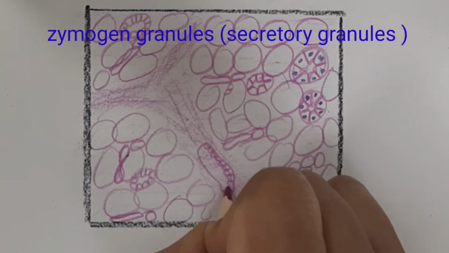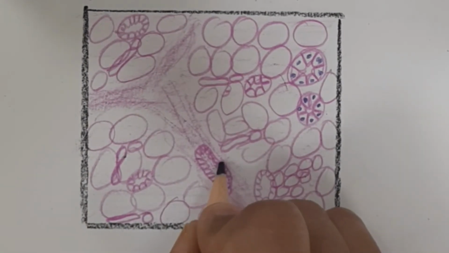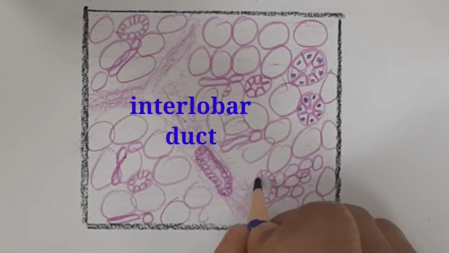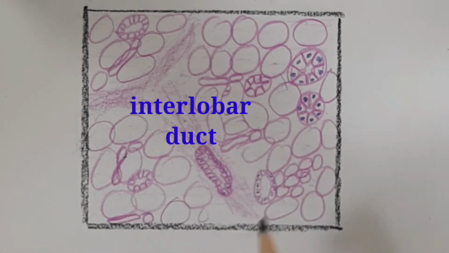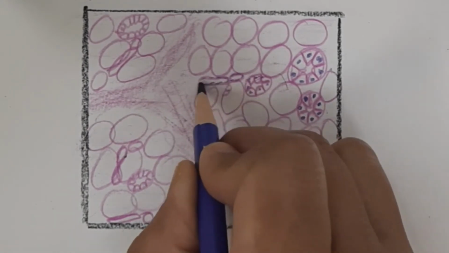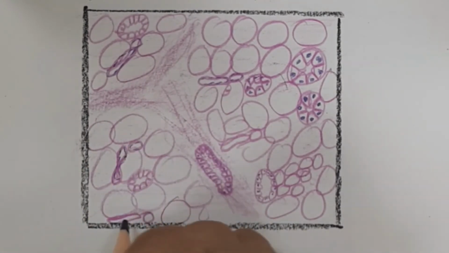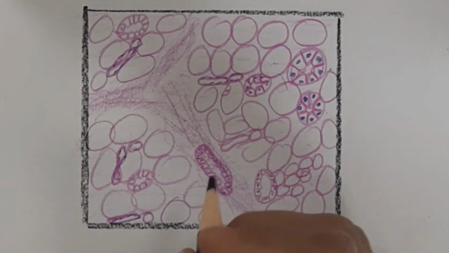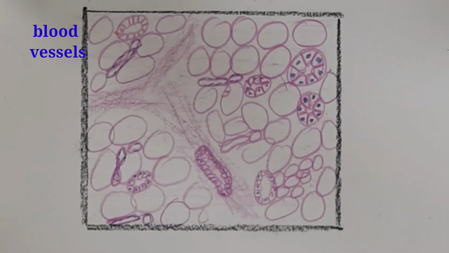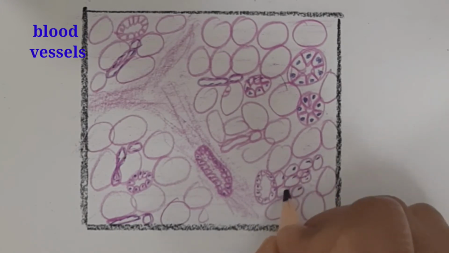In the connective tissue septa between the two lobules, the interlobular duct is present, lined by columnar epithelium, and when it passes towards the main excretory duct, that is the lobar duct and main excretory duct, it is lined by columnar to stratified columnar epithelium.